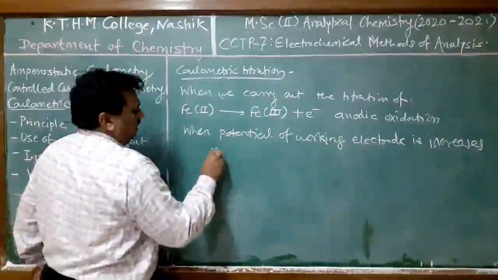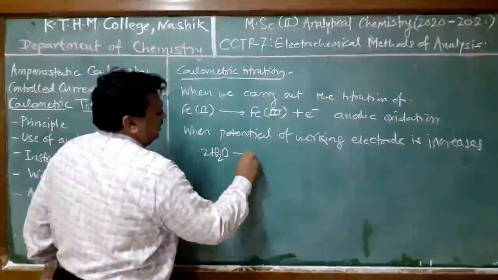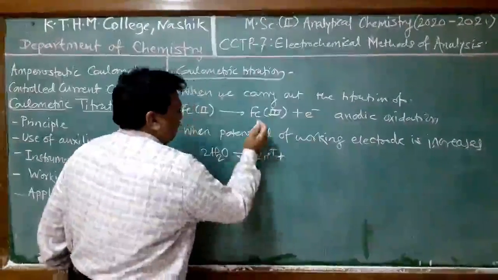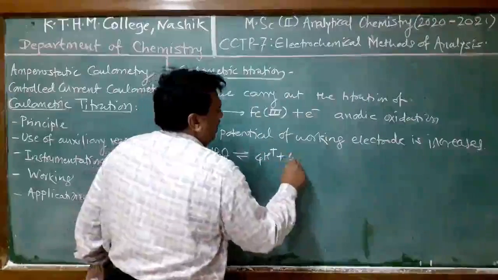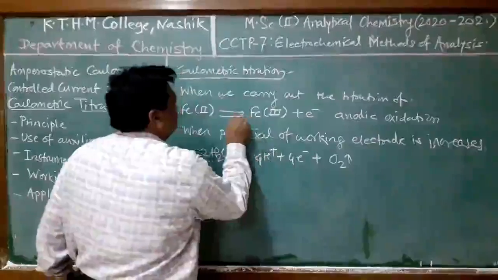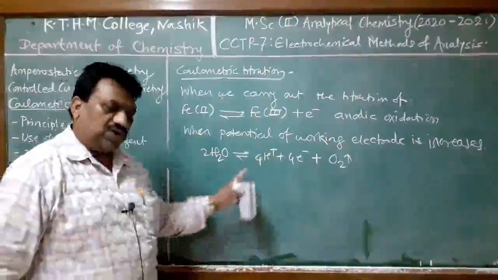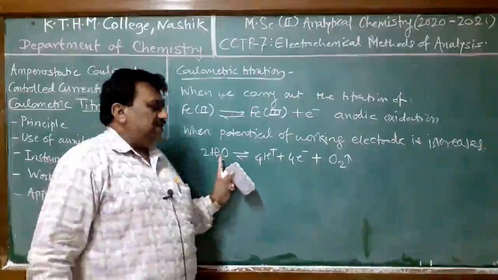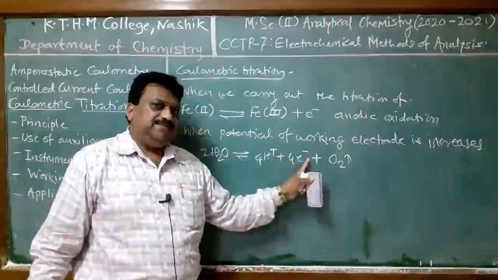Electrolysis of water takes place. That means here 2H2O gives 4H+ plus 4 electrons plus O2 gas. Therefore, electrolysis of water takes place.